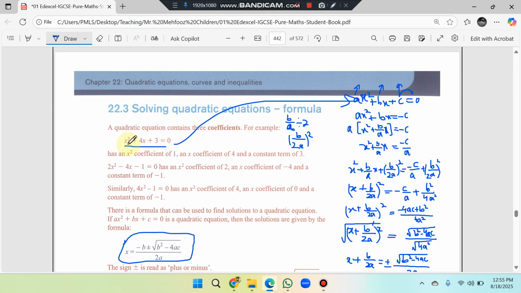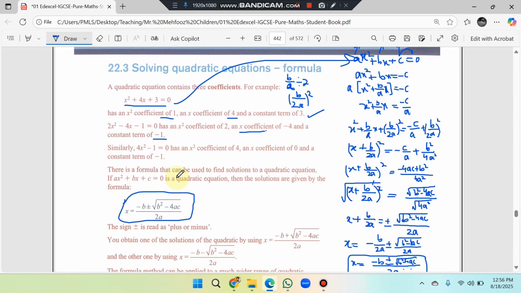A quadratic equation contains three coefficients. For example, x square plus 4x plus 3 is equals to 0 has an x square coefficient as 1, and x coefficient as 4, and constant term as 3, right? So 2x square minus 4x minus 1 is equals to 0 has an x square coefficient of 2, and x coefficient of minus 4, and a constant term of minus 1.